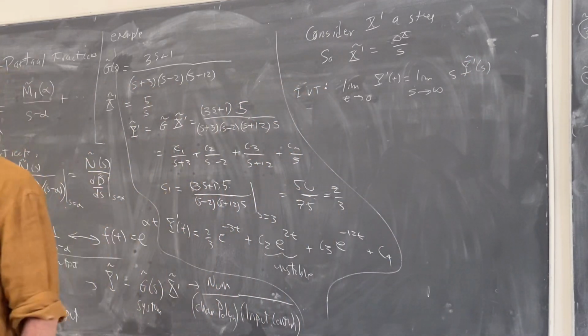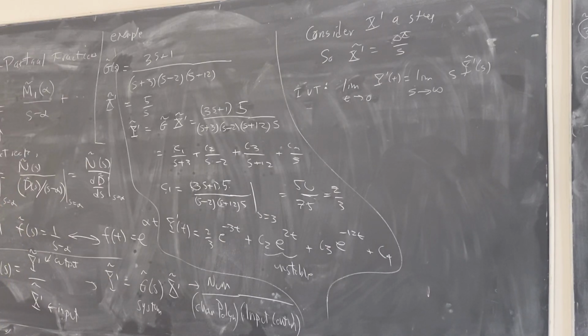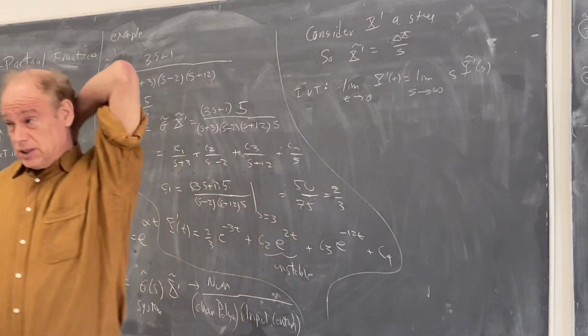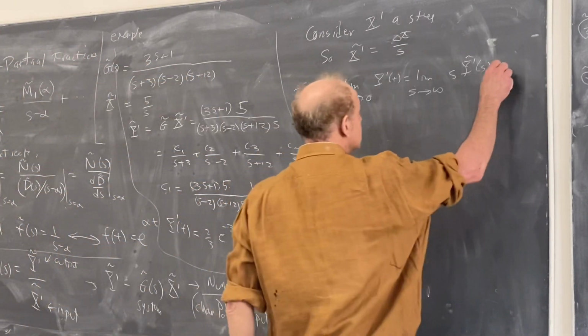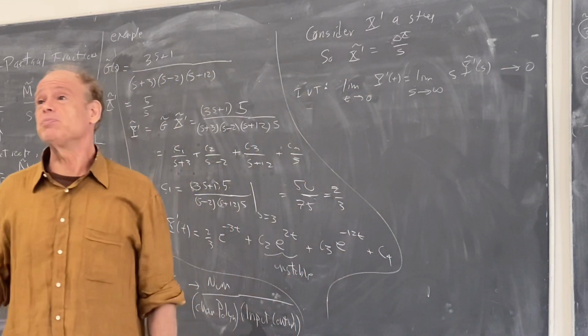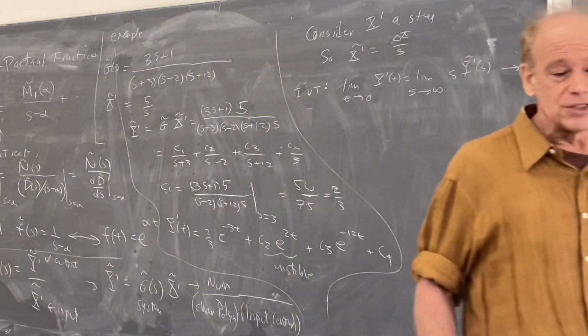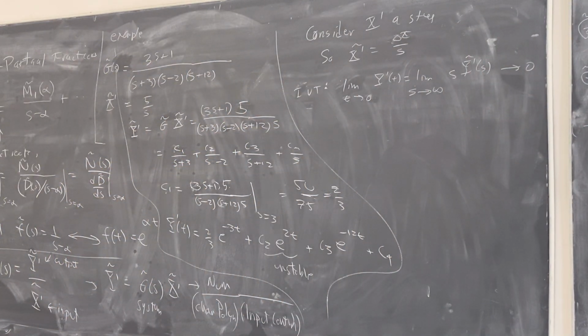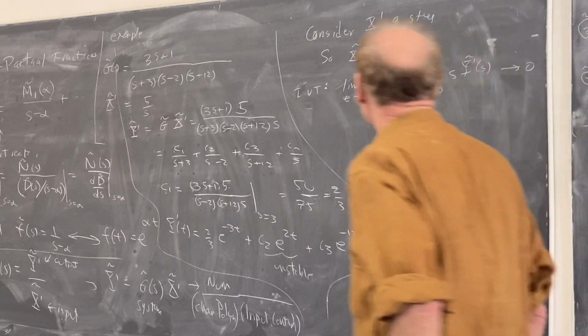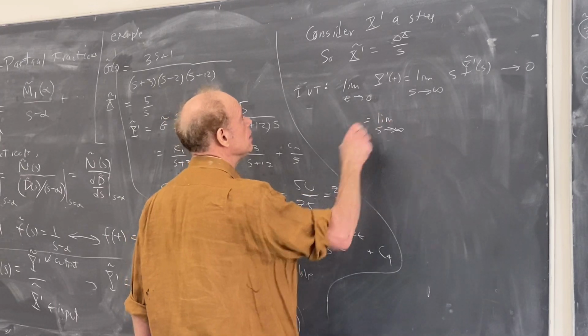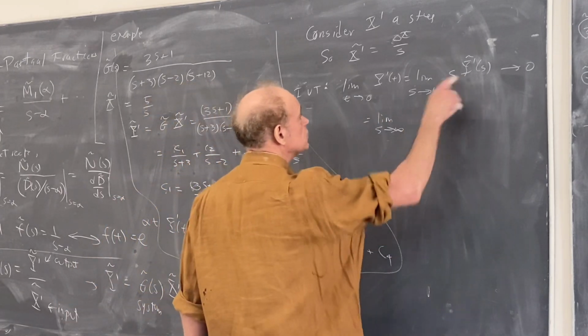So clearly, for a problem to make sense, the initial condition of a prime variable should be 0, because the initial condition of a prime variable has to be 0. So this is the limit as S goes to infinity of S Y prime.